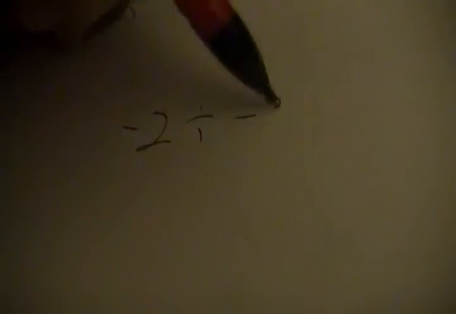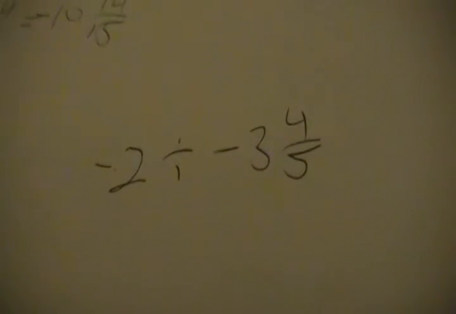Alright, now let's try doing a mixed number problem. So let's try dividing -2. We'll divide that by -3/4.